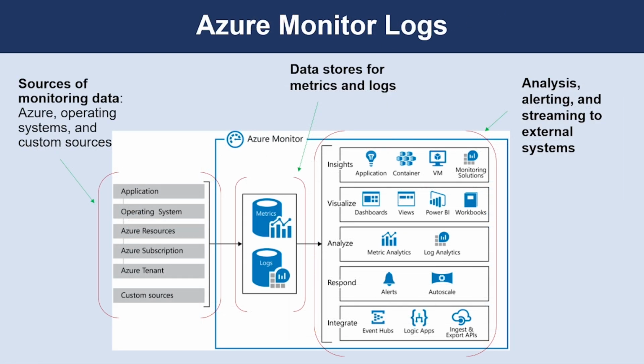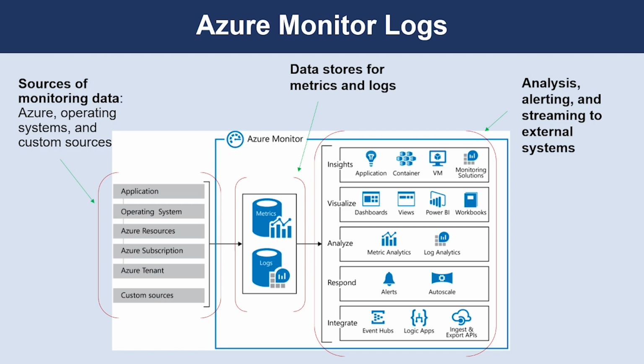So let us look into the data collection in Azure Monitor. Azure Monitor collects two fundamental types of data: metrics and logs. Metrics tell you how the resource is performing and what other resources it's consuming. Logs contain records that show when resources are created or modified. This is an example diagram which gives you a high-level view of Azure Monitor. On the left are the sources of monitoring data: Azure, operating systems, and custom sources.